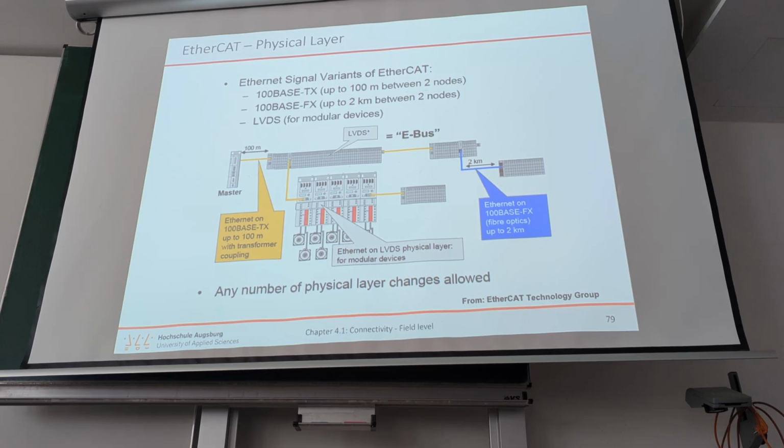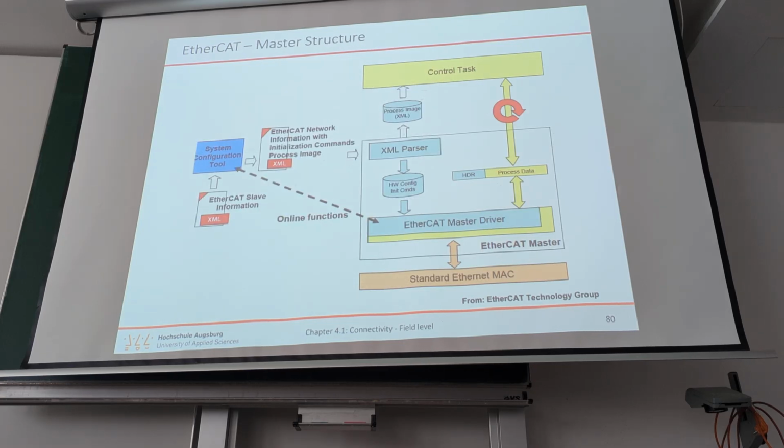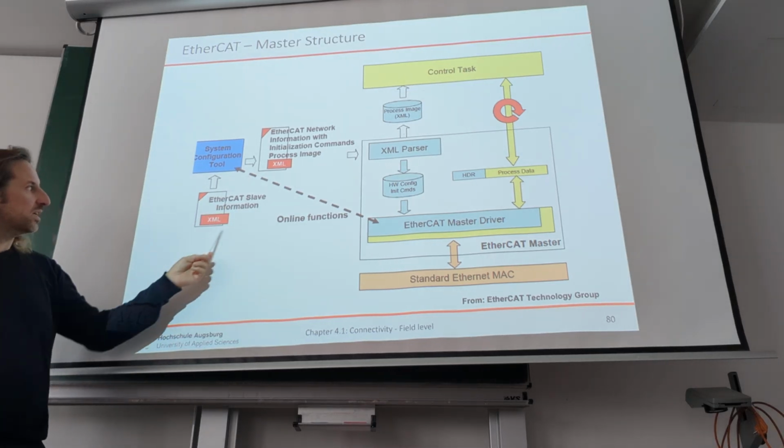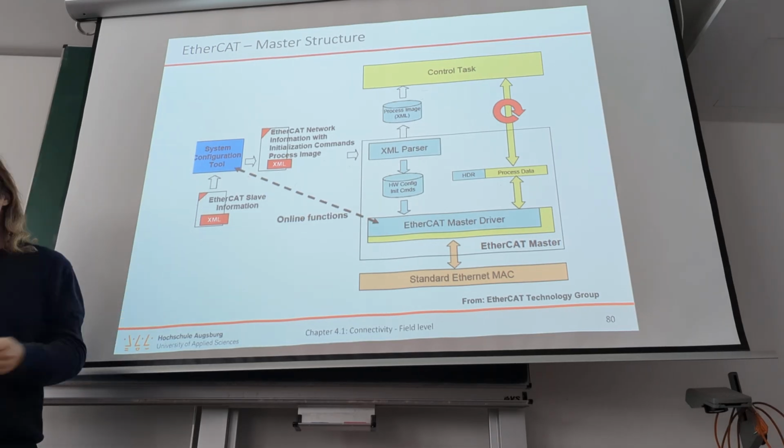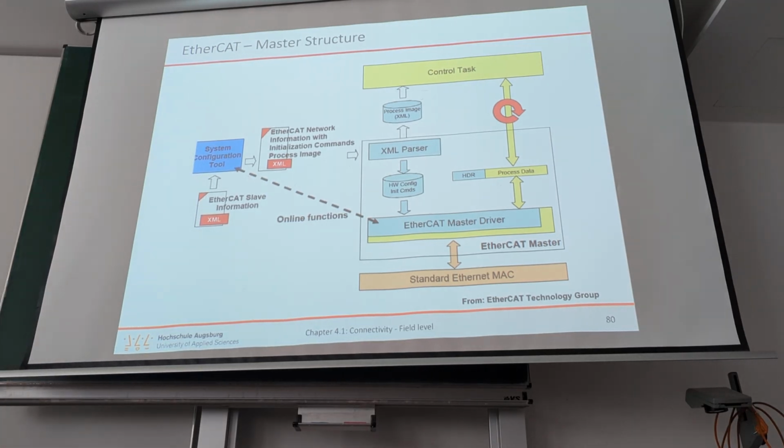And for that we have to build up these telegrams, and most of the time we have to do that offline. That's what we didn't do in the lab because we had the hardware, so we were scanning the hardware. But in reality we would not scan the information from the device itself, but rather have a device description, so you can actually add a slave to the system before it is actually available.